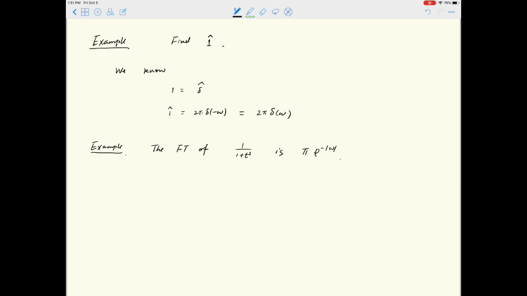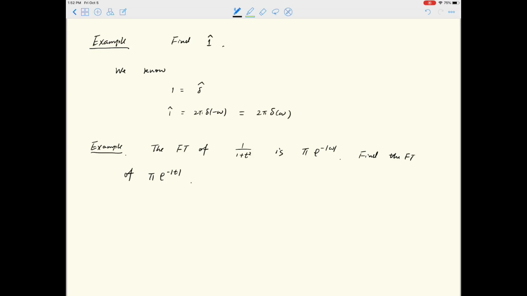And the question is, find the Fourier transform of pi e to the minus absolute value of t.